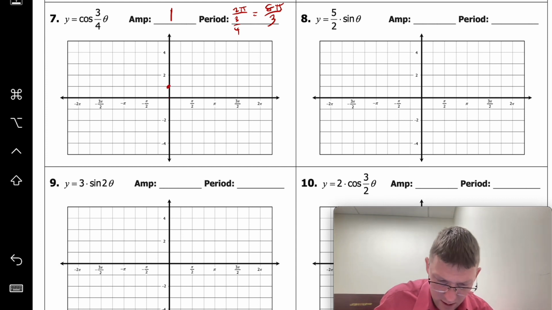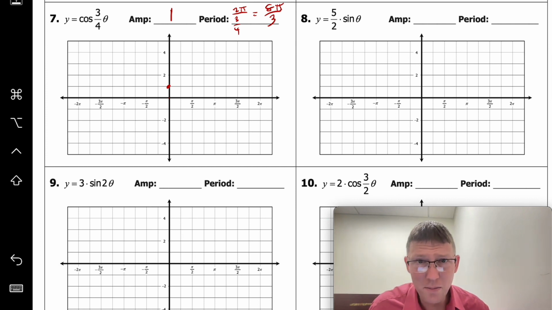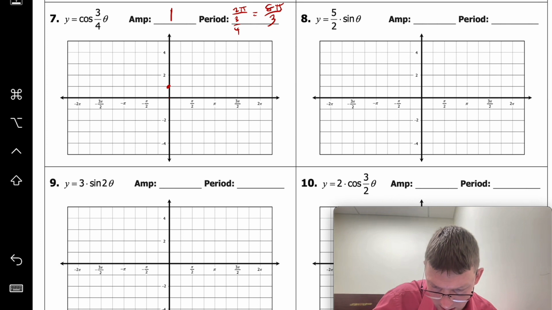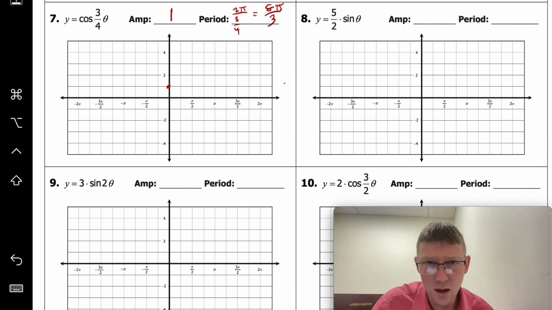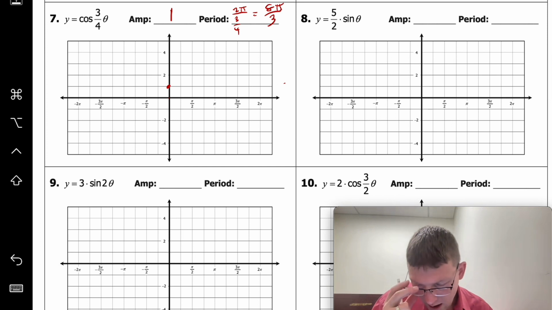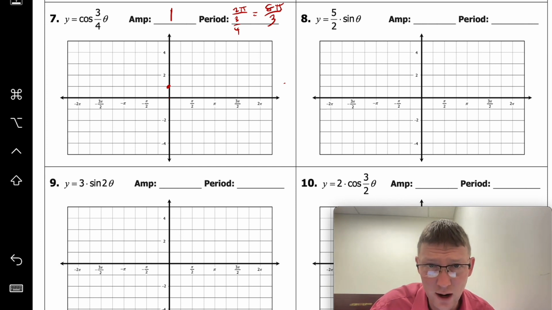So we're going to be up here. So 8 pi over 3. That's actually going to be even further back this way. So then let's see here. Our halfway in between 8 pi over 3 is going to be 4 pi over 3. So that's something we can find.